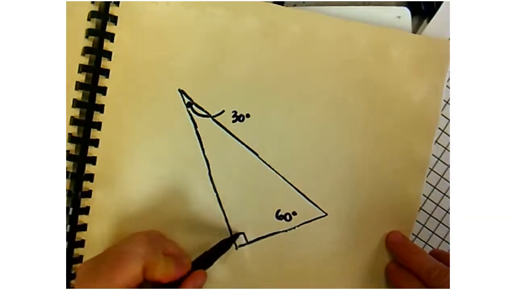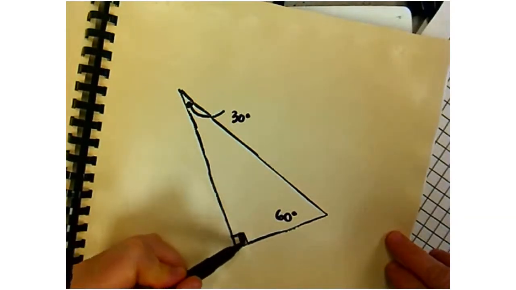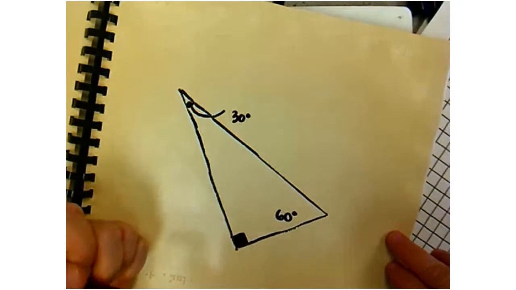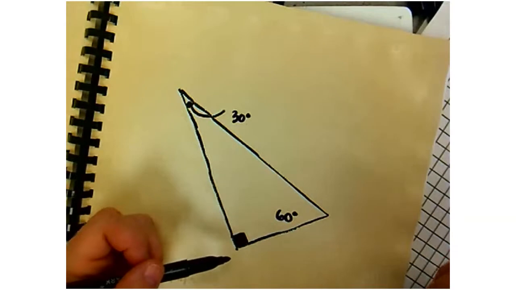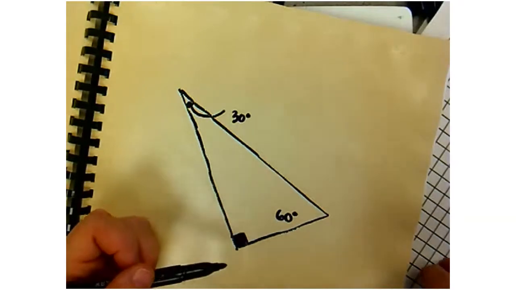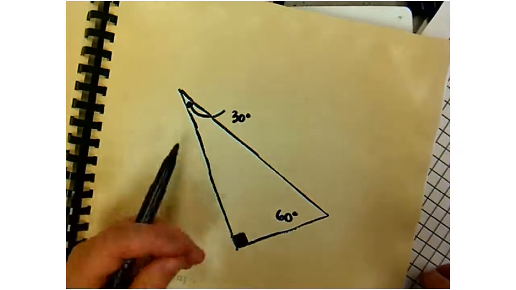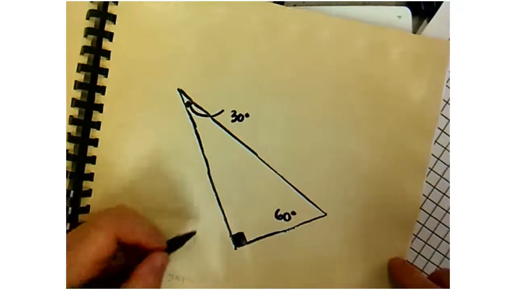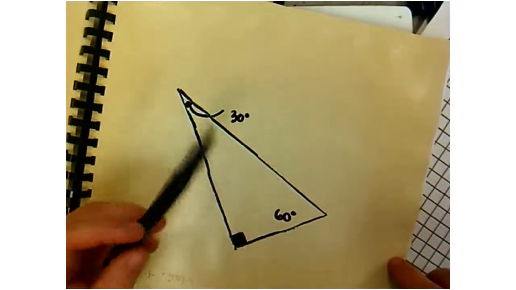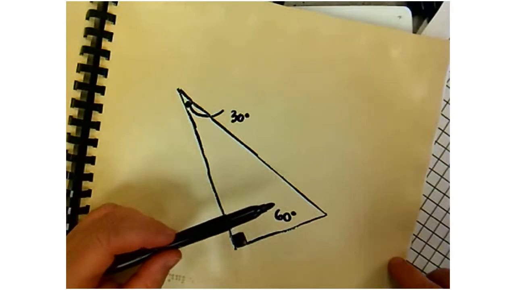And what's our bottom left angle? 90. How do we know it's 90? Learn the square. That right angle indicator. Good. Excellent. You're learning the code of these tactiles and drawings. You don't always have to be told it's 90. Most of the time you'll have that little right angle indicator. So what kind of triangle do you think this is? Right angle. A right triangle. Not a wrong triangle.